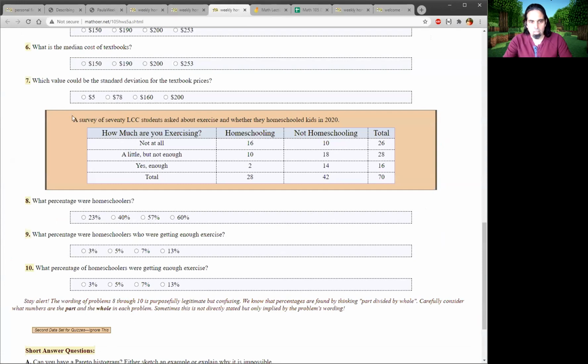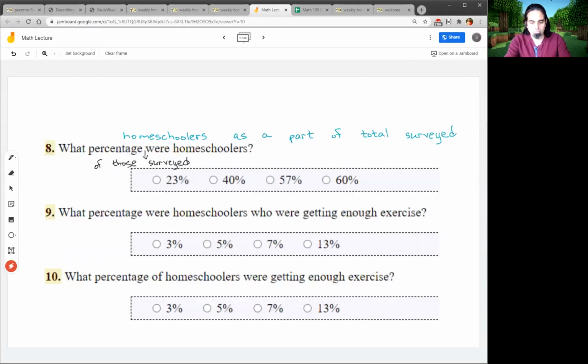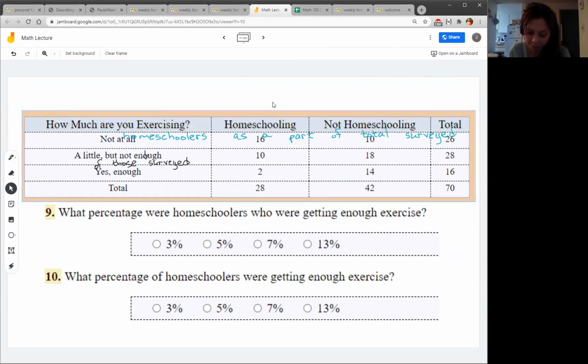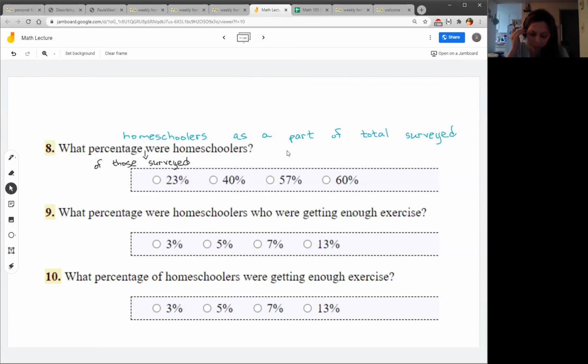So first, let me actually move this so I can draw on it.